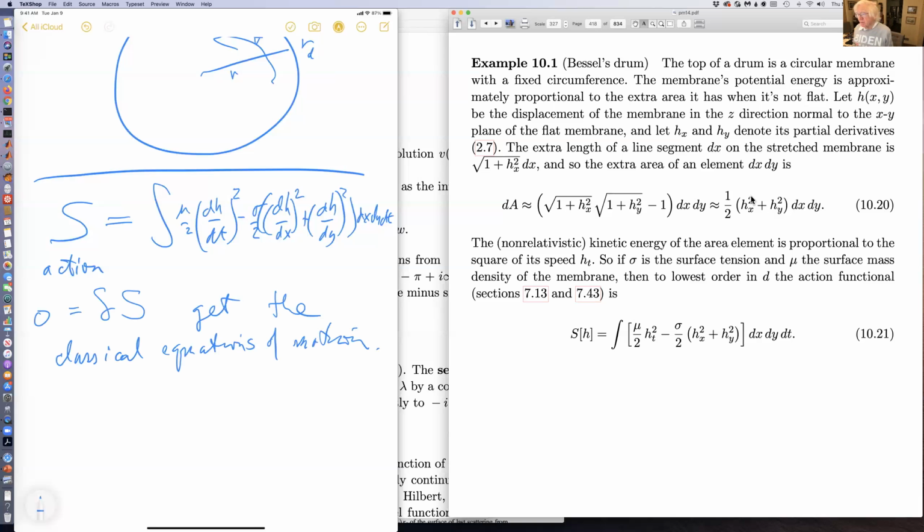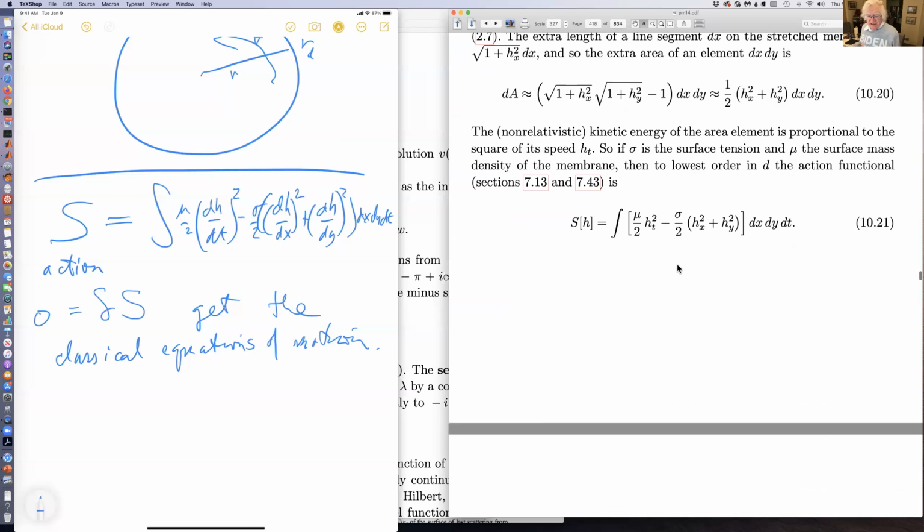So that's the principle of least action. And if you look in the index of the book, you'll see various places where it's discussed, and what you then do is what we just did.